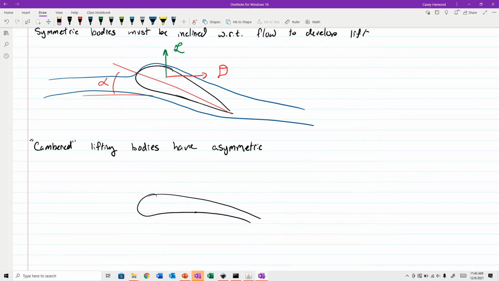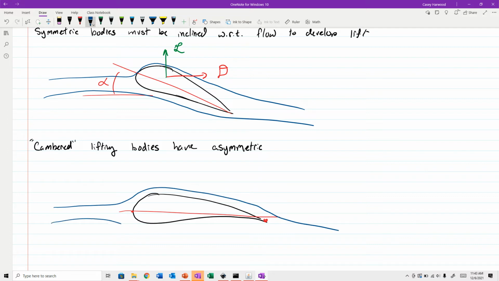You can see this in nature, looking at the shape of like a bird's wing, where they tend to have some curvature to them. And so even if the nose and the tail are oriented horizontally, the flow around this is going to be asymmetric because the two surfaces, the upper and lower surface themselves, are not symmetric, and you'll develop a lift and a drag.